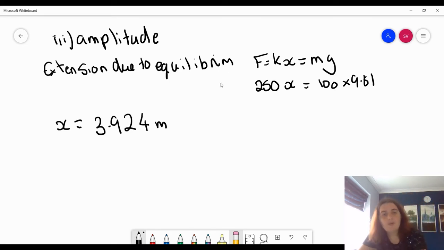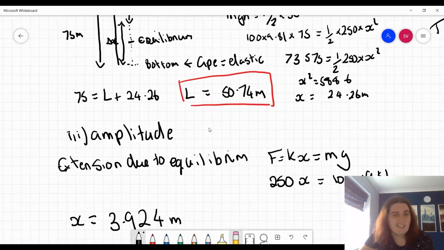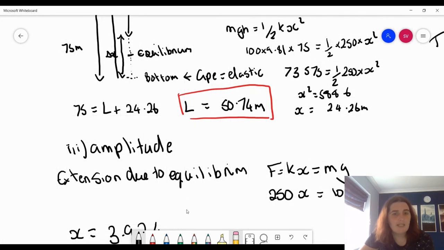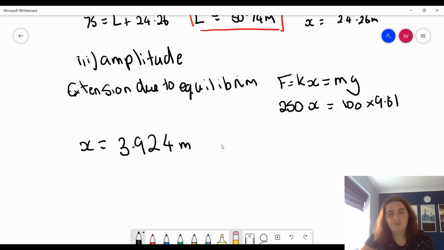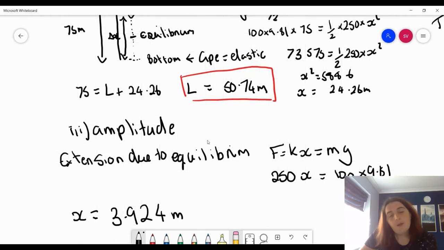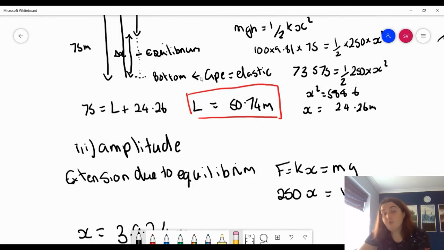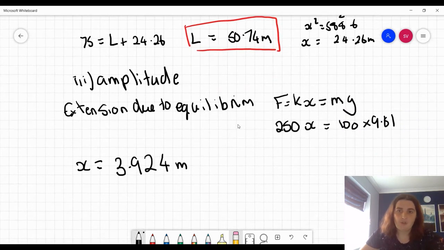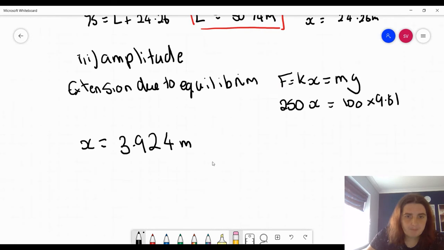So I know that to get to equilibrium, I need to move 3.924 meters. But to get to full extension, I actually extend a total of 24.26.